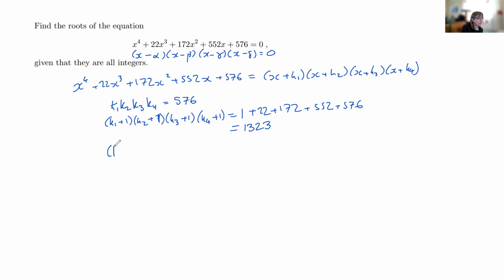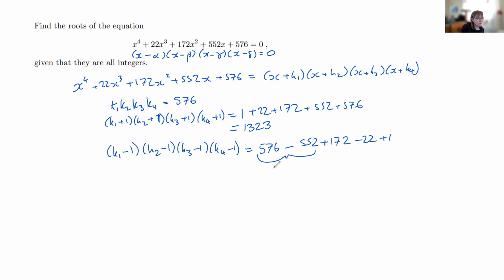And then the last expression we had was (k1 minus 1)(k2 minus 1)(k3 minus 1)(k4 minus 1). It's slightly easier if we work from the back end. We know that this one was going to be positive. So we have 576 minus 552 plus 172 minus 22 plus 1.